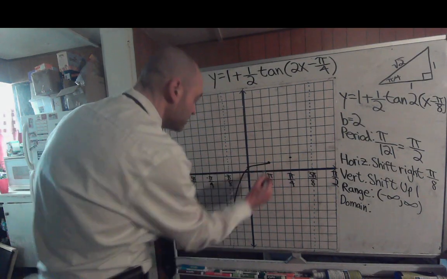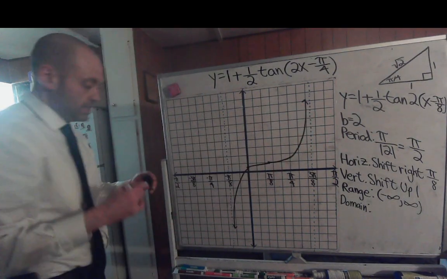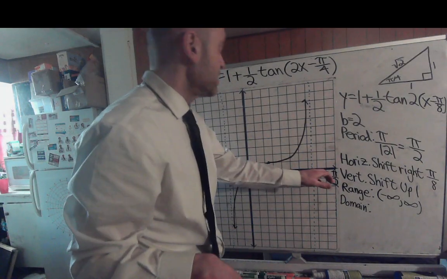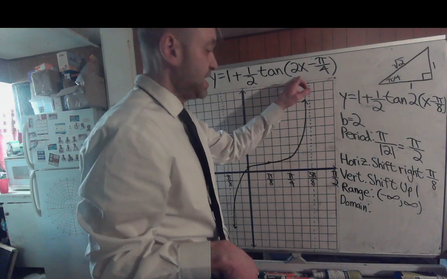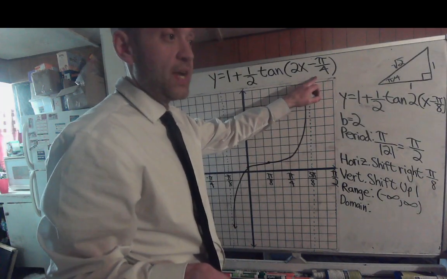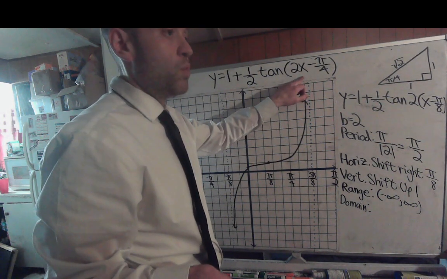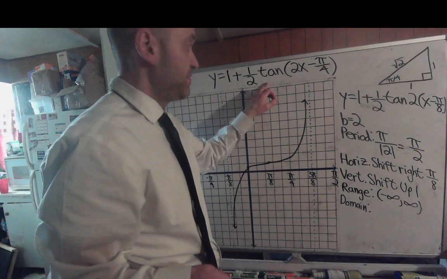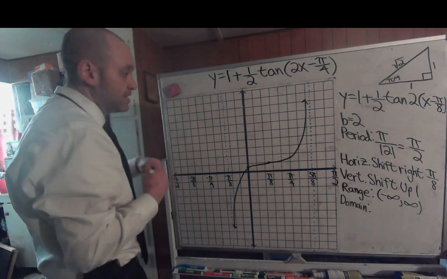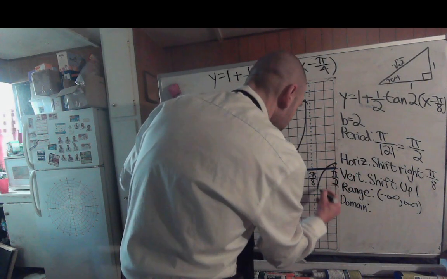It's going to look a little more elongated than normal. And then for good measure, let's put in pi over 2. That would give me the tangent of pi minus pi over 4. Well, that's going to end up being the tangent of 3 pi over 4, which is negative 1 times a half is negative 1/2 plus 1. That would give me positive 1/2. Then it would just go down like this.